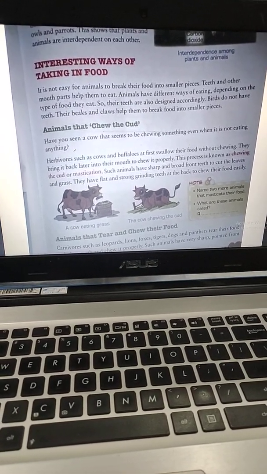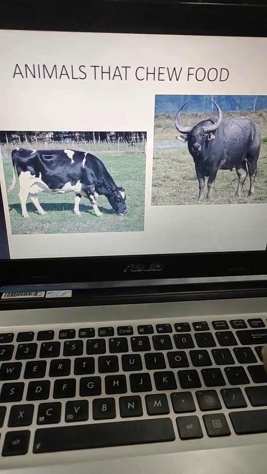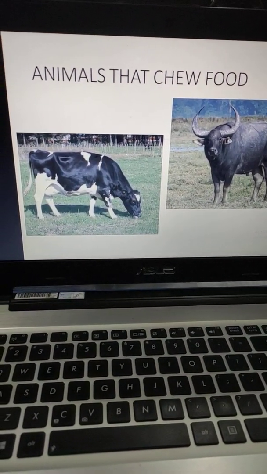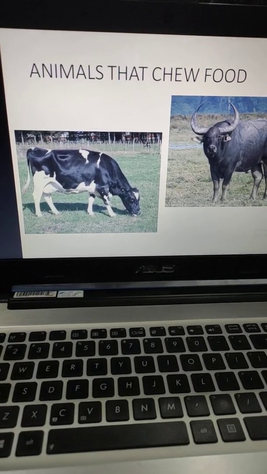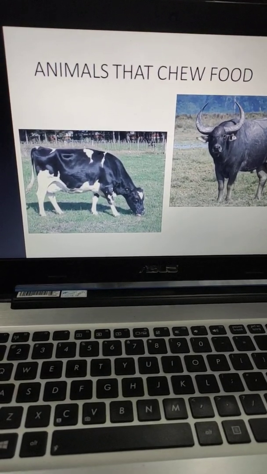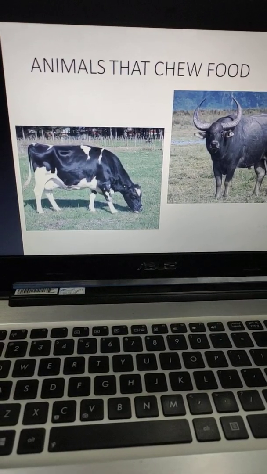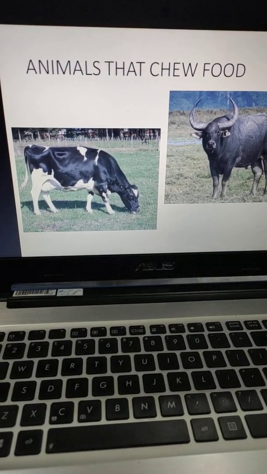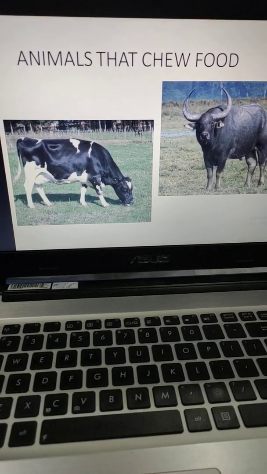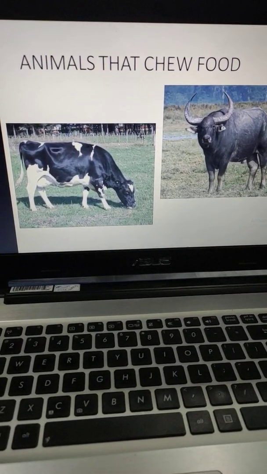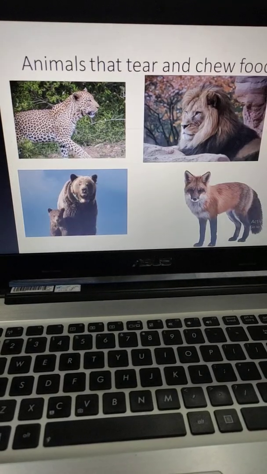Suppose cow, buffalo, they take their food in the mouth and take it inside, and then they bring it back to the mouth and they continue chewing that food. So cow and buffalo are some animals which chew their food.